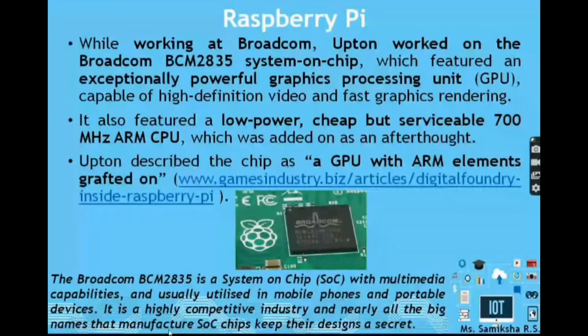Because of this, high-end graphical applications could be implemented just like on your personal computer, like a laptop. Apart from this, the BCM2835 also featured a low power, cheap but serviceable 700 MHz ARM CPU architecture.